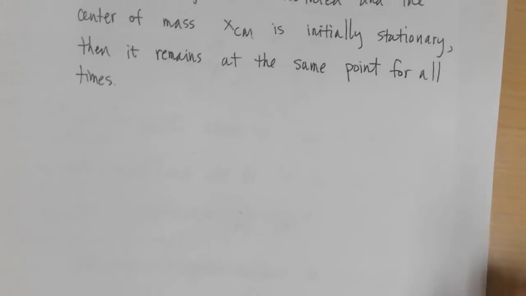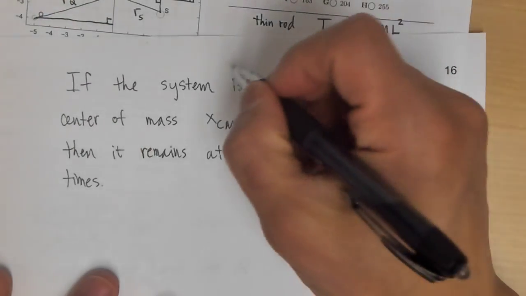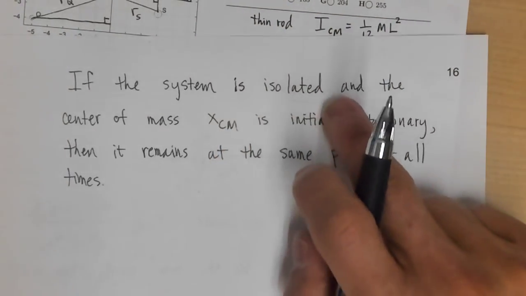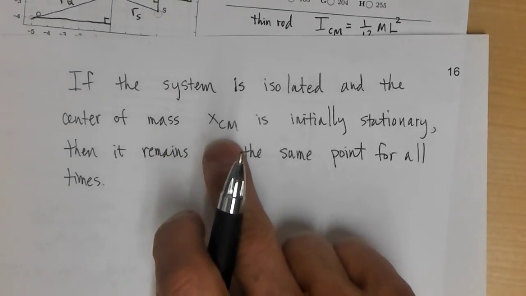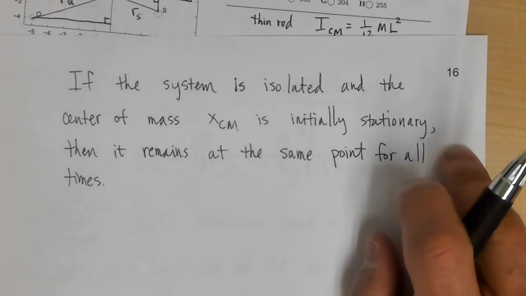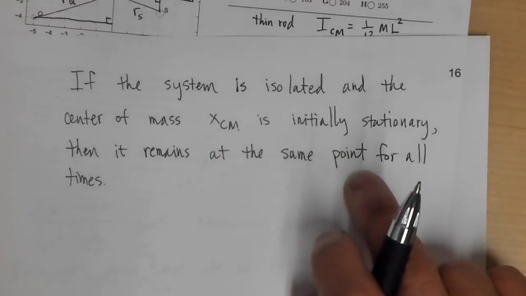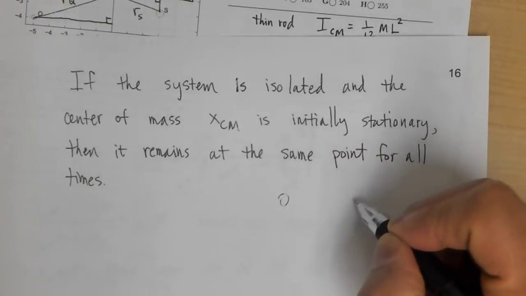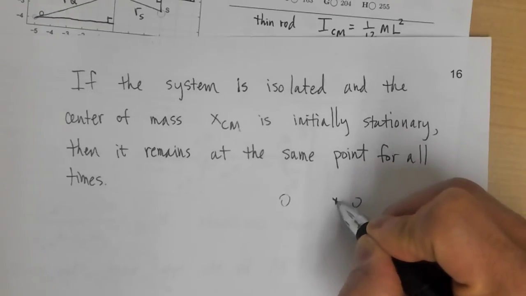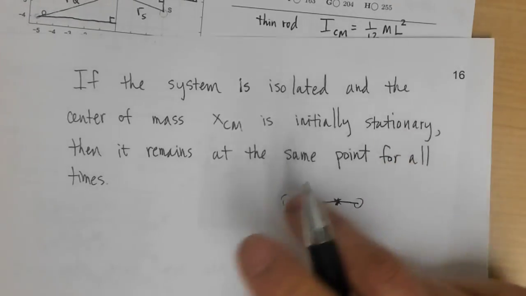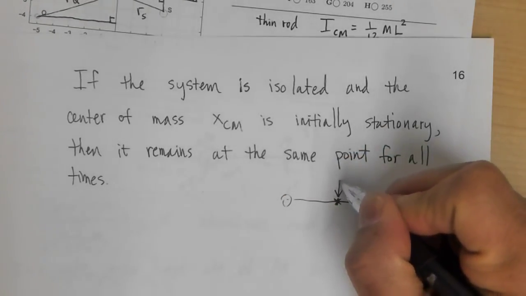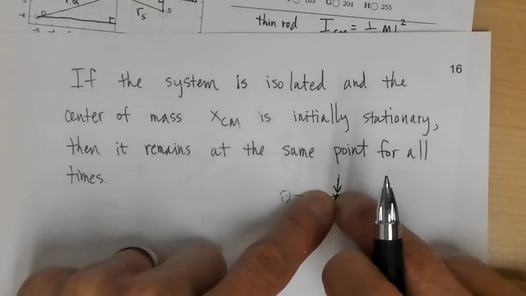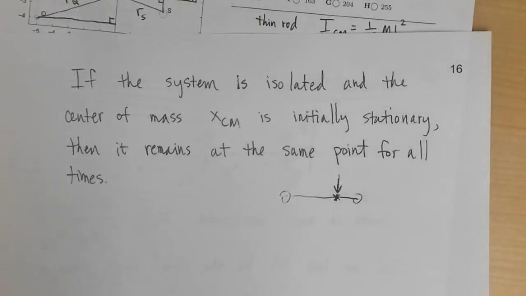Now, as a result, if the system is isolated and there's no net force on the system, and the center of mass is initially stationary, then in that case, it remains at the same point for all time. So if I have two masses like this, and the center of mass is right here, and they just pull on each other, then the center of mass always remains there, so they will meet at the center of mass, which will be the same as the initial position of the center of mass.